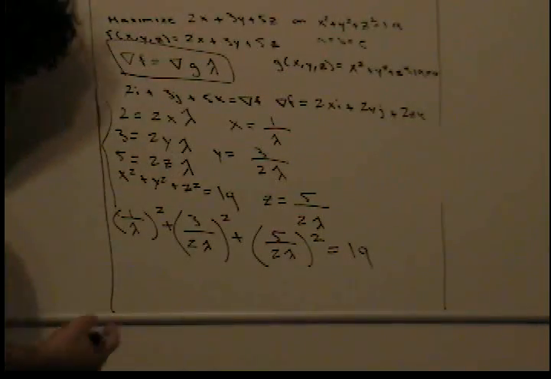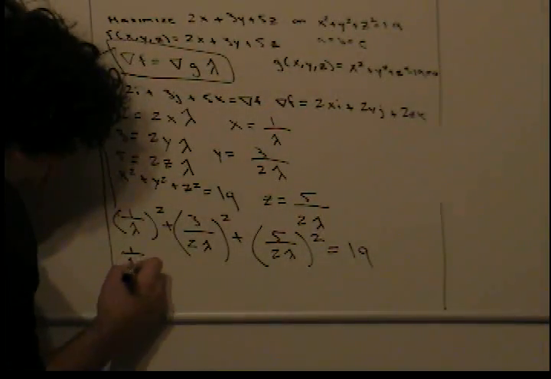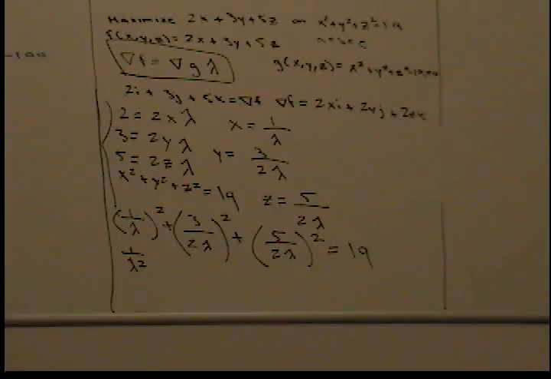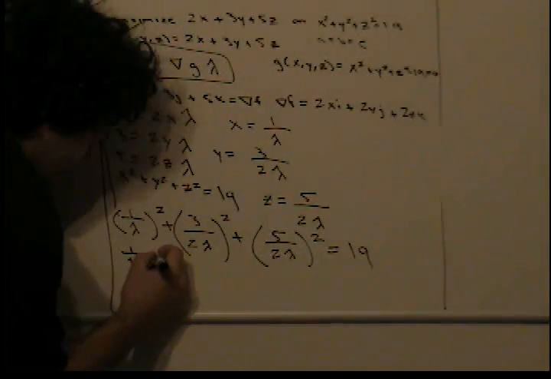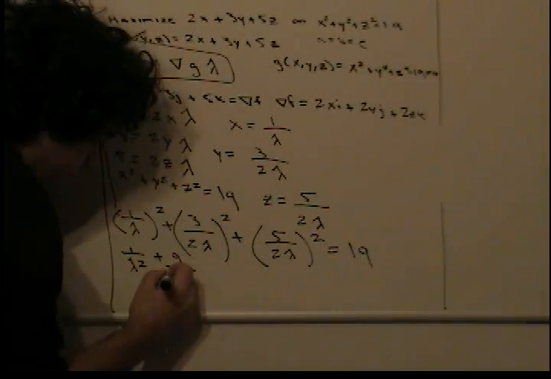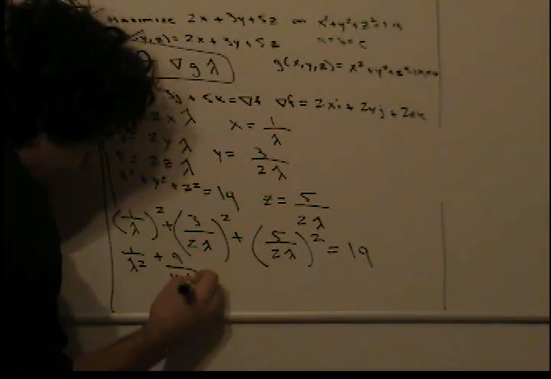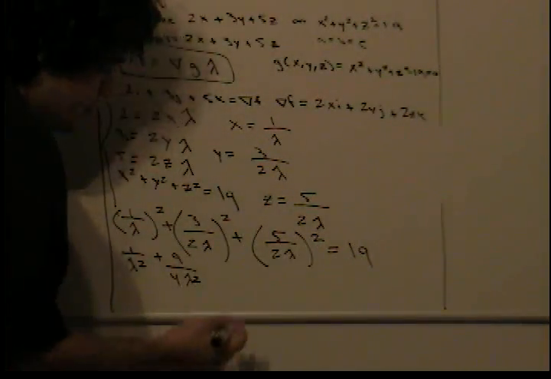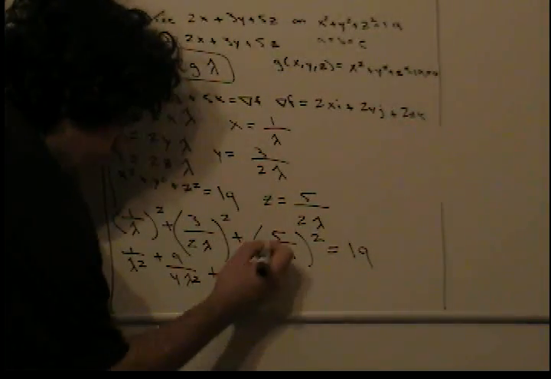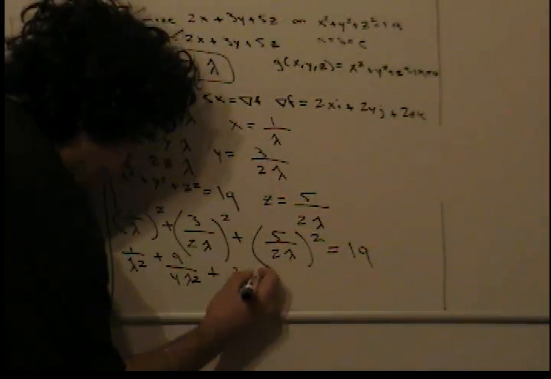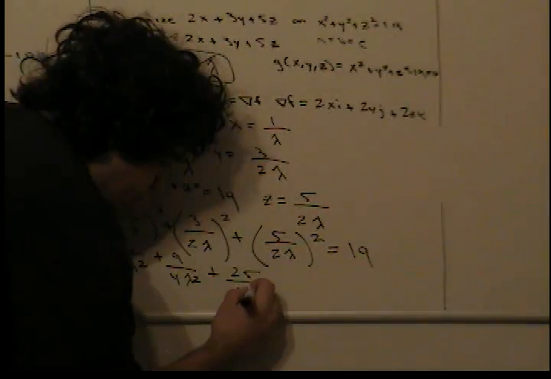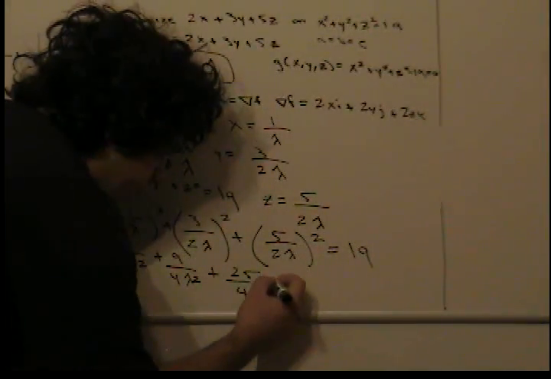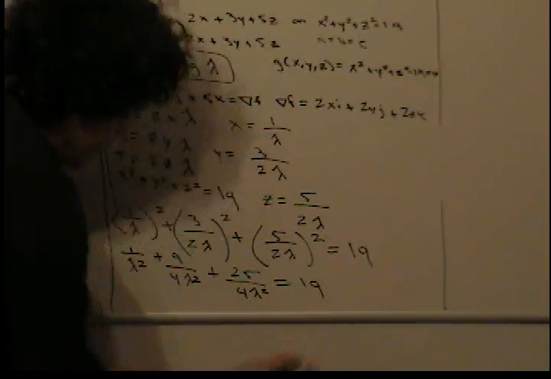So x squared is 1 over lambda squared. y squared, 3 over 2 lambda squared, is 9 over 4 lambda squared. And z squared, 5 over 2 lambda squared, is 25 over 4 lambda squared. And don't forget, all this is set equal to 19.